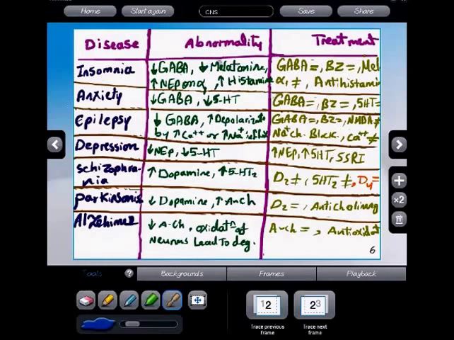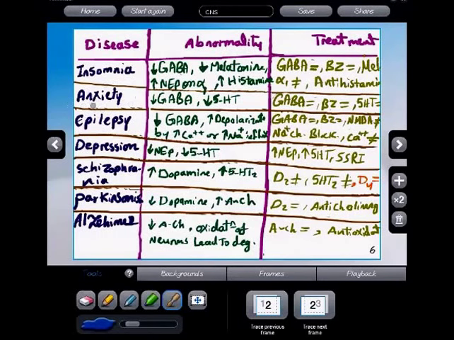When I say low melatonin leads to insomnia, you can give a melatonin agonist or melatonin analogs, that increase the melatonin in the brain and treat the problem of insomnia. For high norepinephrine action on the alpha 1 receptor, I can give an alpha 1 blocker. For high histamine, I can give antihistaminic drugs, and so on.